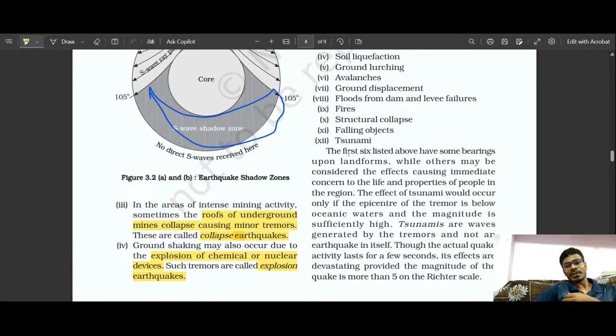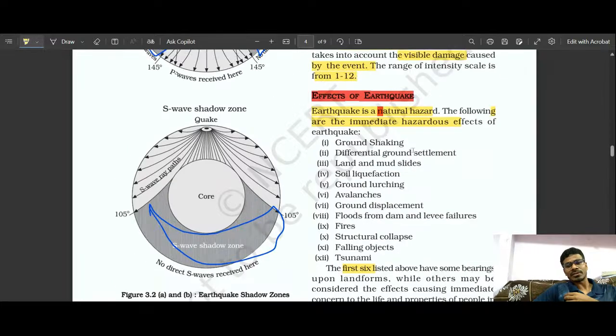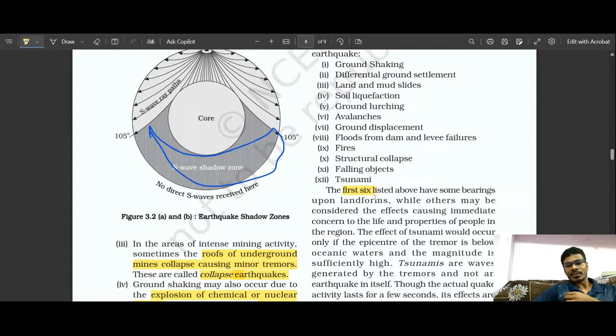However, here we have to notice the first six: ground shaking, differential ground settlement, landslide and mudslide, soil liquefaction, ground lurching and avalanches. These have some bearing upon the landforms, while the others may be considered as effects causing immediate concern to the life and property of the people, because these are happening in human settlement areas.